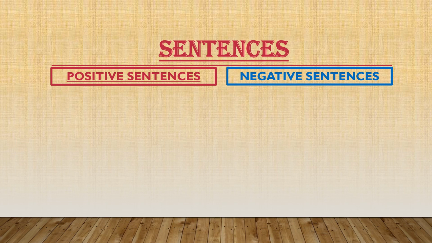Sentences are of two kinds, positive sentences and negative sentences. Today we are going to learn how to change positive sentences into negative sentences. But before that, we need to know what is the difference between them. Let's see.